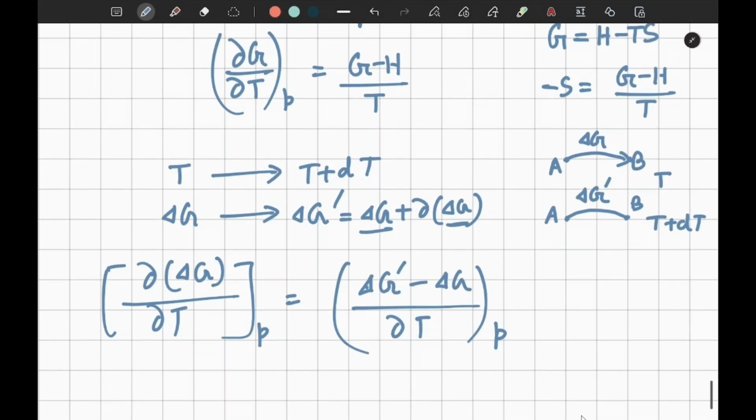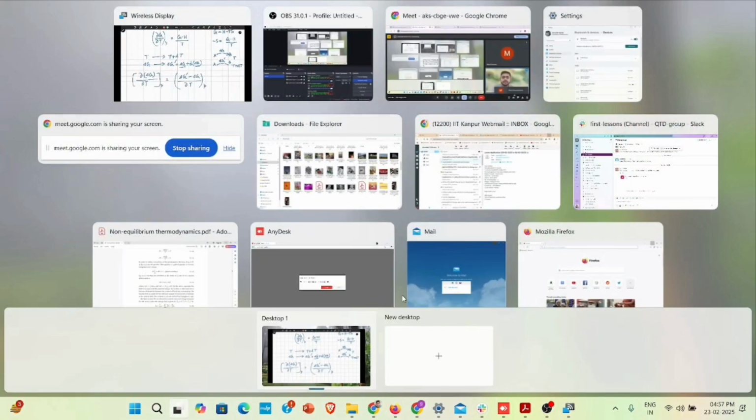Now, from here, if you calculate, is it delta, not d? It should be d, not delta. One minute.